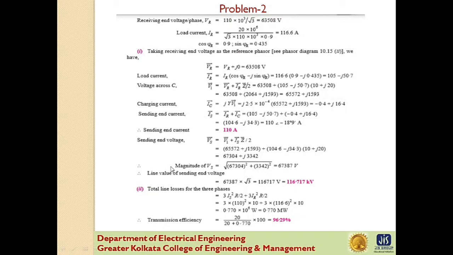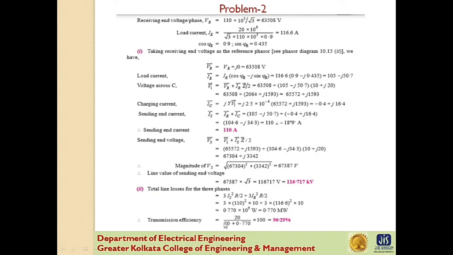Now from this rectangular expression we can calculate the magnitude of the sending end voltage, which is equal to 67387 volt, and to convert it into line voltage we multiply it by root 3. So the final line voltage is 116.717 kilovolt.